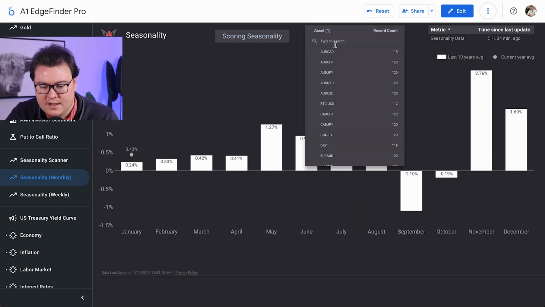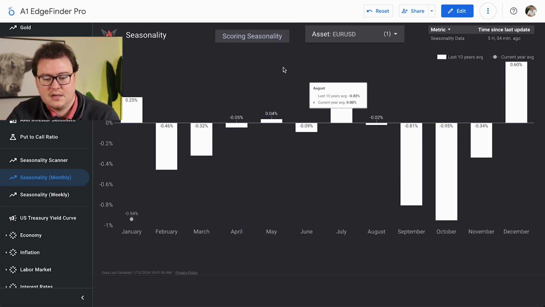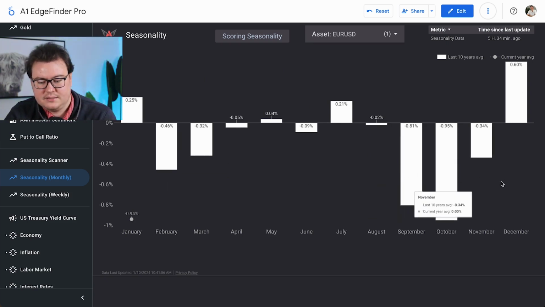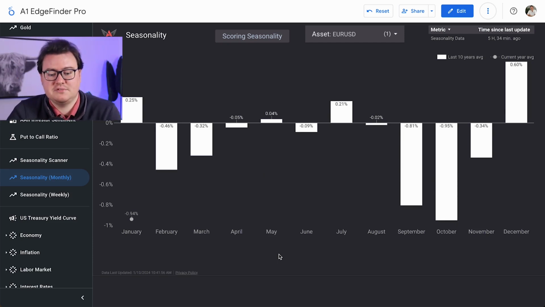So if we go find Euro USD, it's right there. Euro USD looks very different than the S&P. You have a couple good months, a couple break-even months, and a couple months where you're down. So historically speaking, the Euro USD seems to be a very volatile asset, one that continuously goes up and down throughout the year.